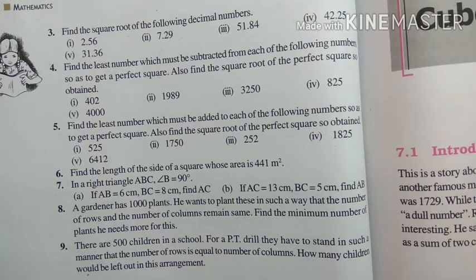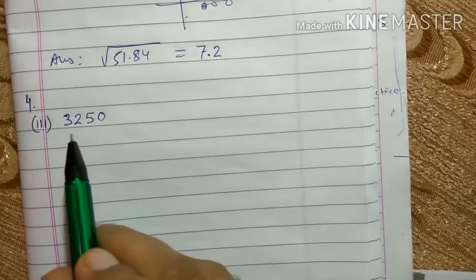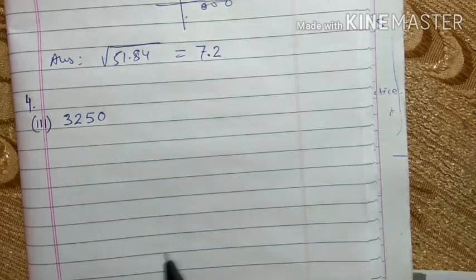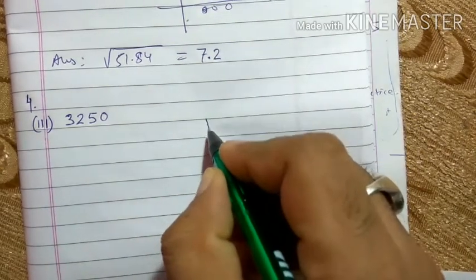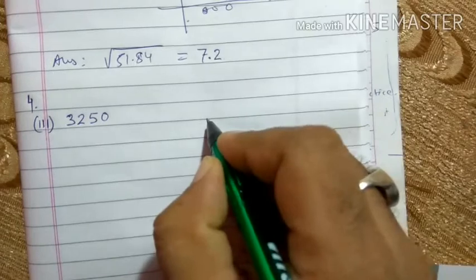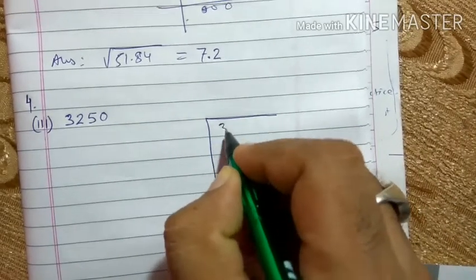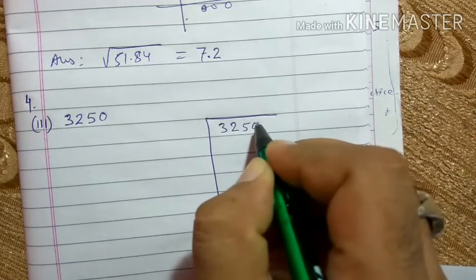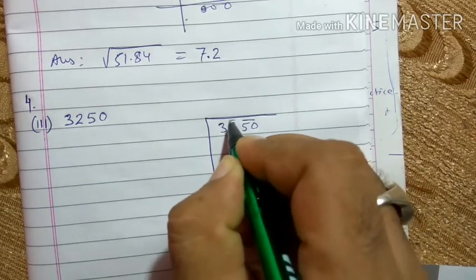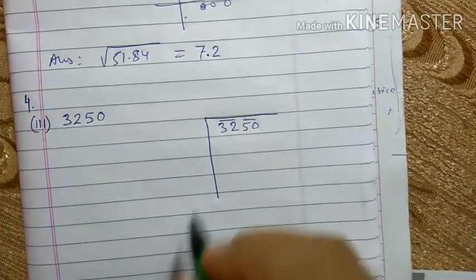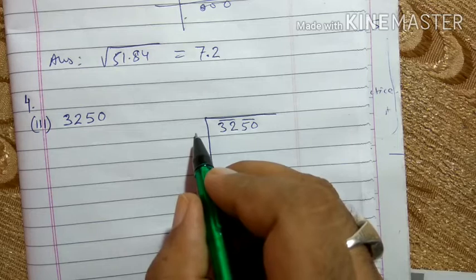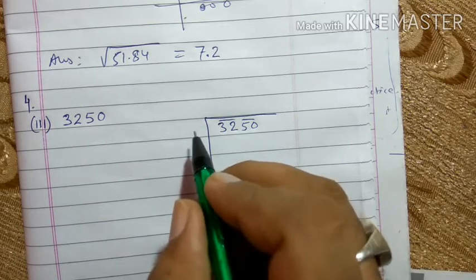So I am going to solve the third part for you. This is the third part, 3250. For that, first we have to find the square root of 3250, taking pairs from the right side. This is a pair, this is also a pair. Now we have to select: 4 4s are 16, 5 5s are 25, 6 6s are 36.